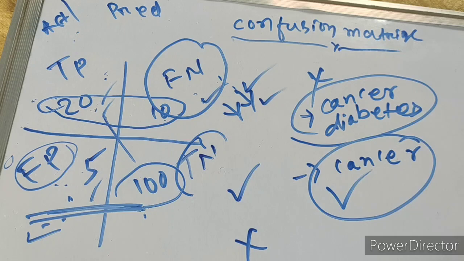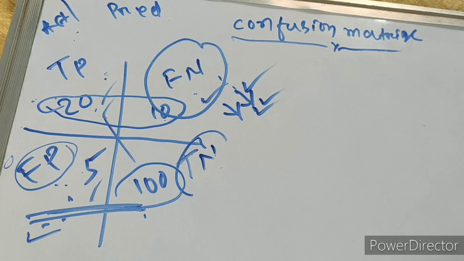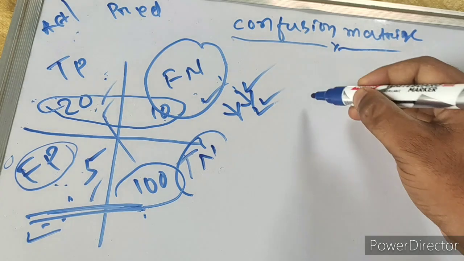But in some scenarios we do not care about a false negative. If you do not consider this healthcare domain, and consider some business domain, something like a retail domain, suppose there are some shoes or some branded clothes, suppose Peter England clothes are there.